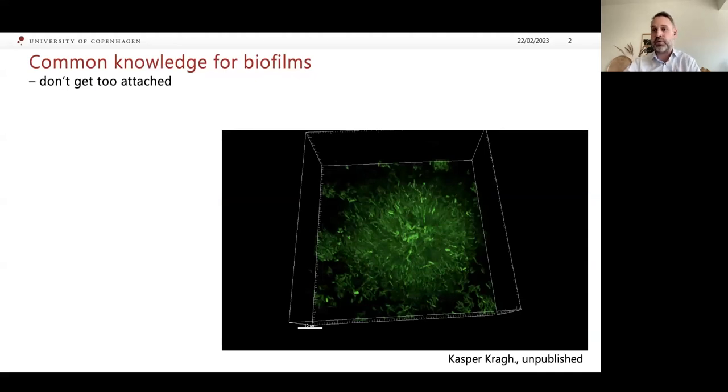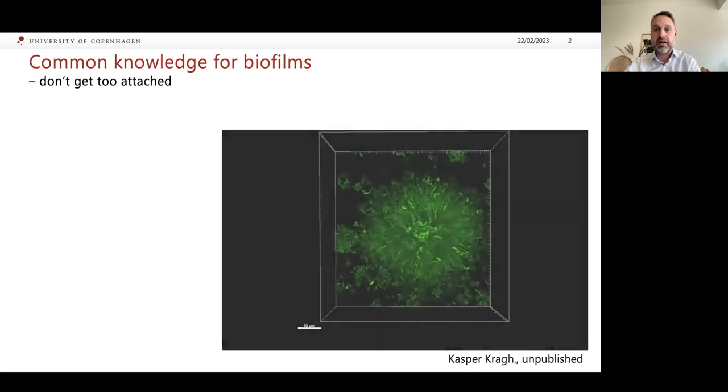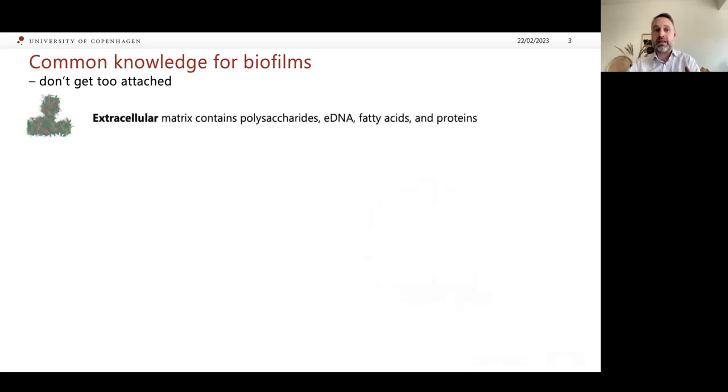Some of the aspects that we normally attribute to these surface attached biofilms is that we know that the bacteria grows these microcolonies and produce this extracellular matrix. This matrix is really a very important part of being a biofilm.